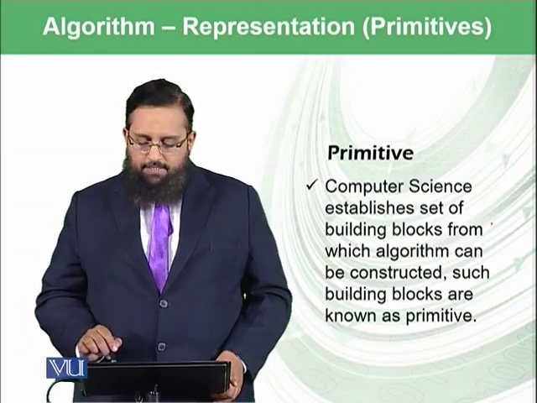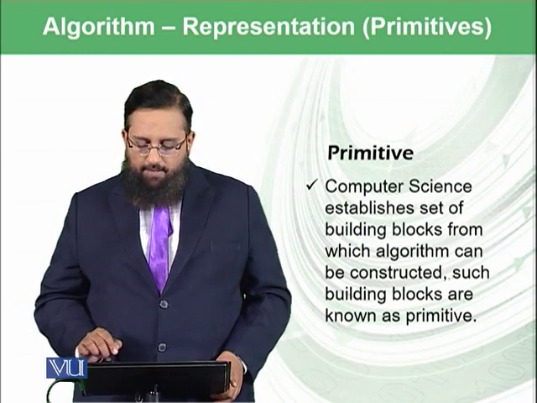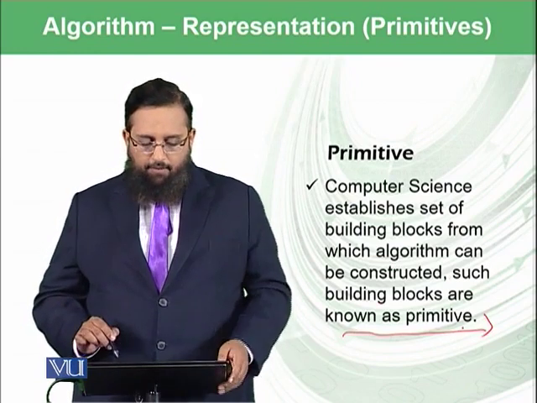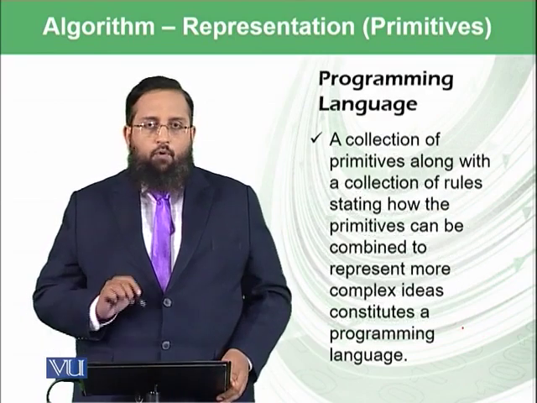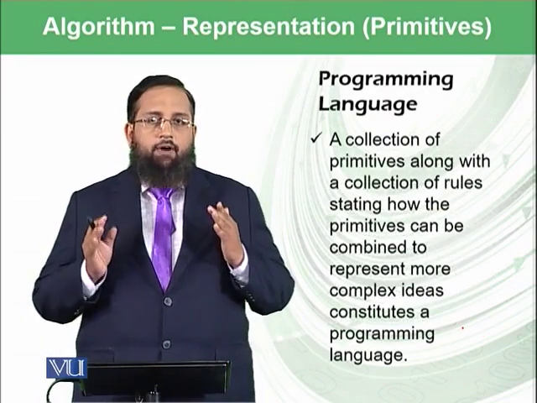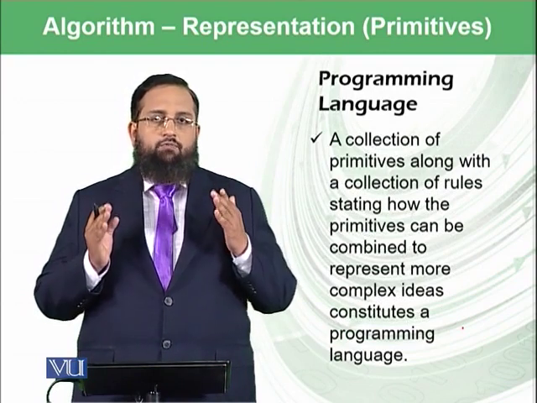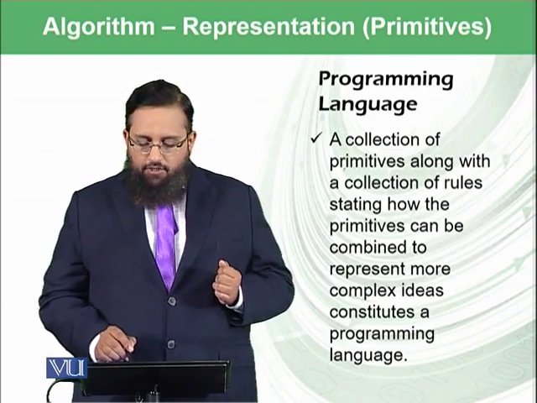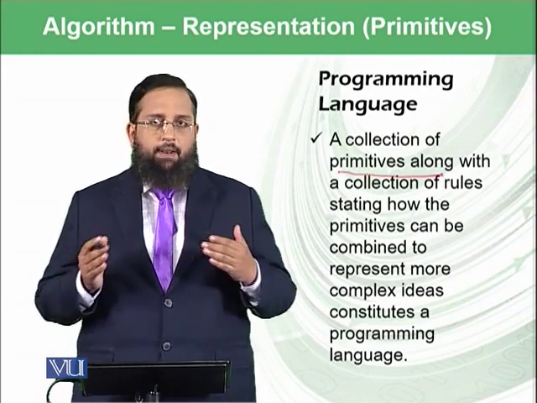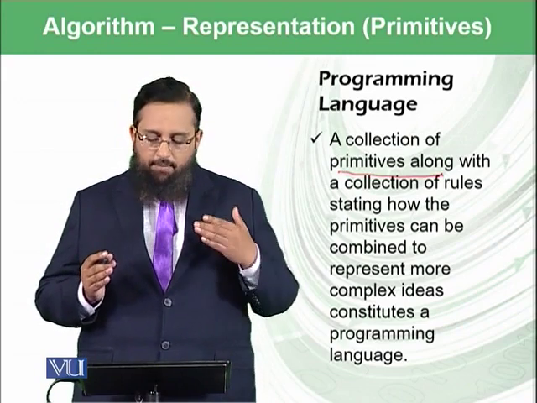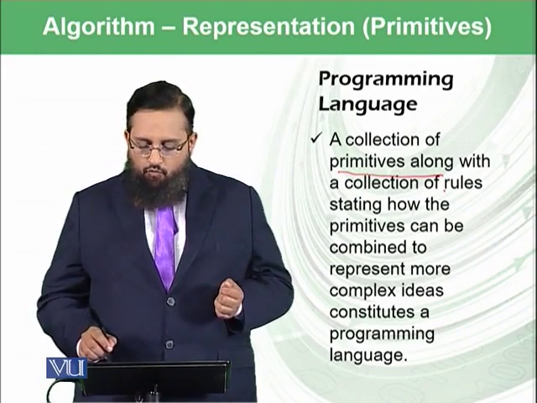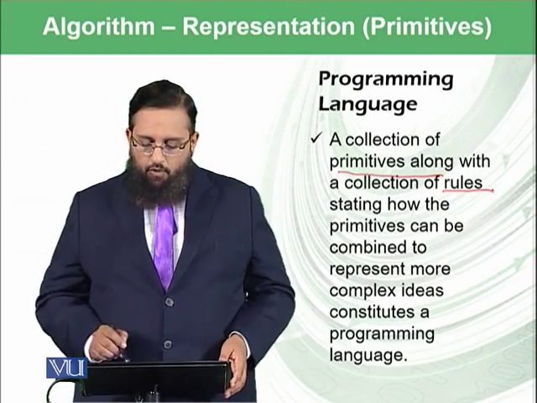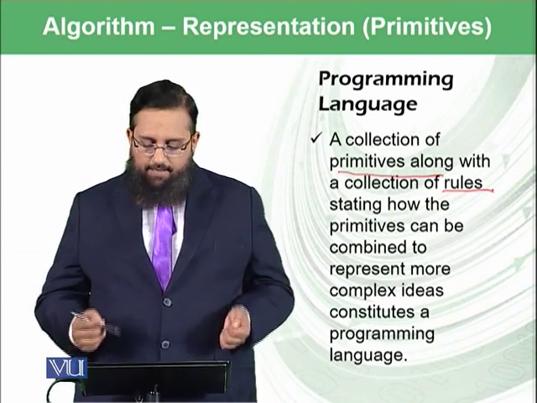Computer science establishes a set of building blocks from which algorithms can be constructed, and each building block is known as a primitive. A programming language, in which we will write our code and represent the algorithm we have defined, is a collection of primitives with a collection of rules stating how the primitives can be combined together to represent more complex ideas.